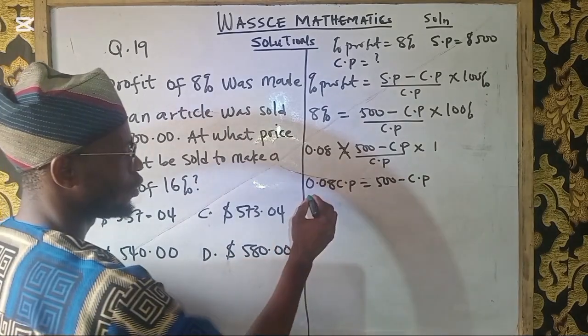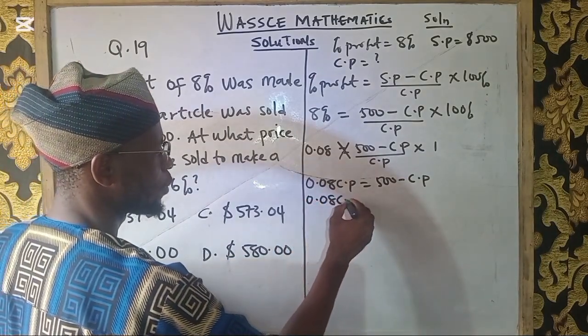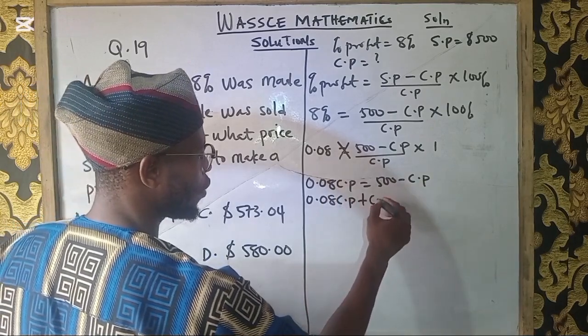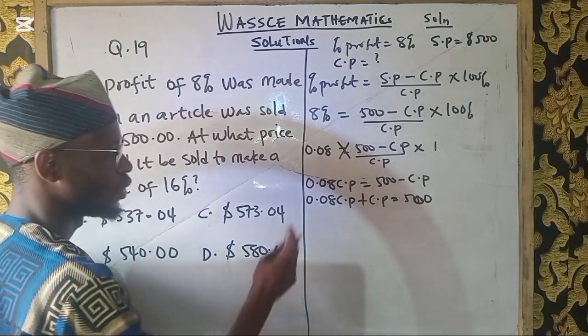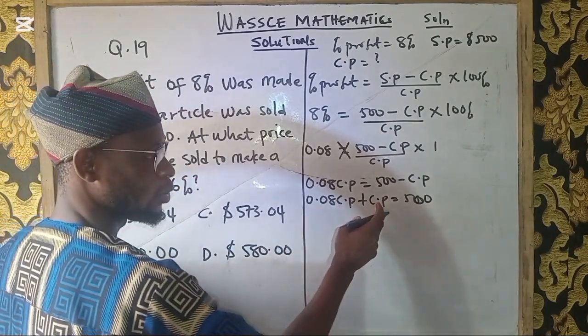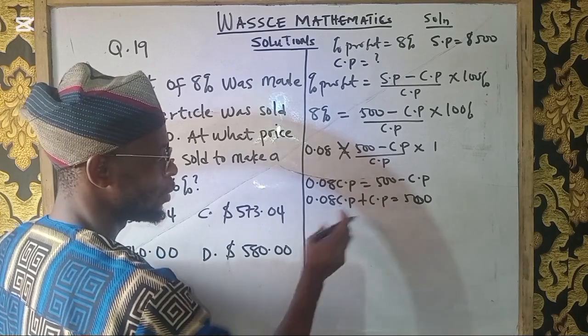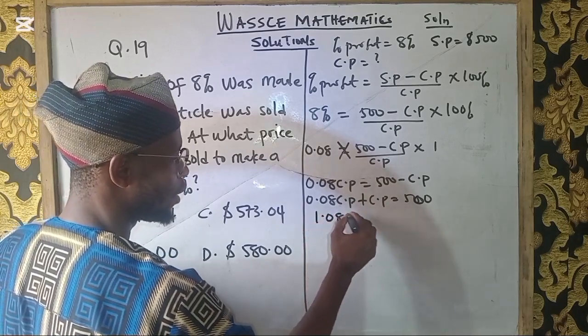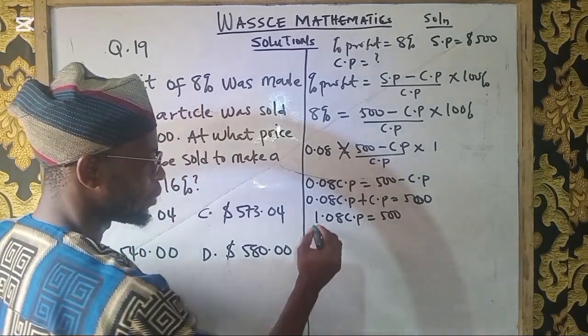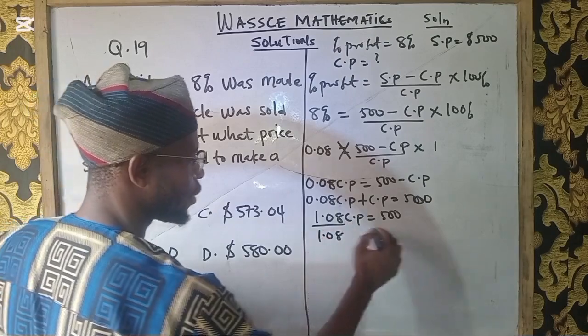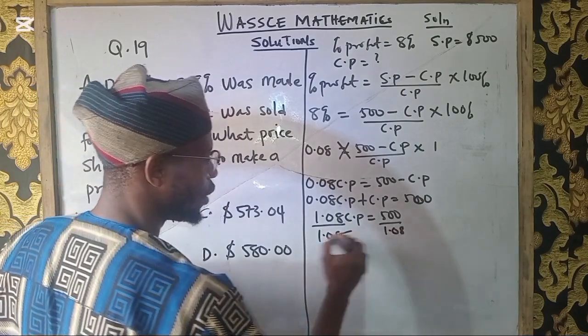Collecting like terms, you have 0.08 cost price plus cost price equals 500. So 0.08 cost price plus CP, which is the same as 1 CP, gives us 1.08 cost price equals 500. So we divide both sides by 1.08.